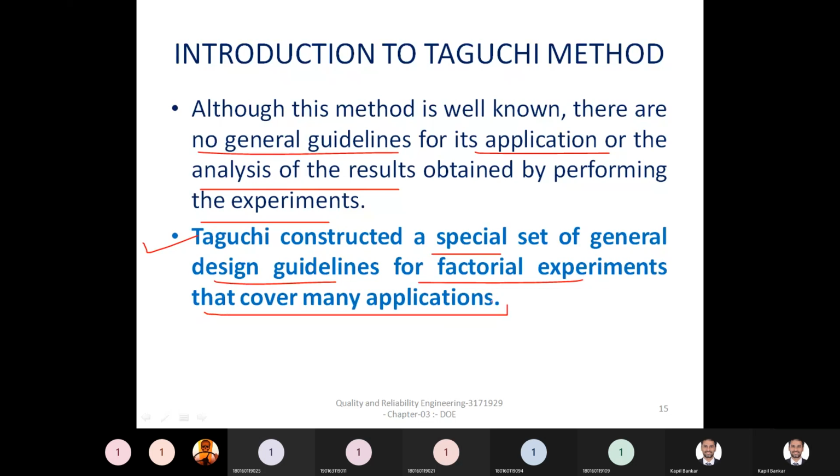Dr. Genichi Taguchi constructed methods through which you can select certain orthogonal arrays, and that can be enough to describe the variability in your response. So Dr. Taguchi constructed a special set of general design guidelines, or orthogonal arrays, for factorial experiments, and through these you can conduct your experiment in many applications.